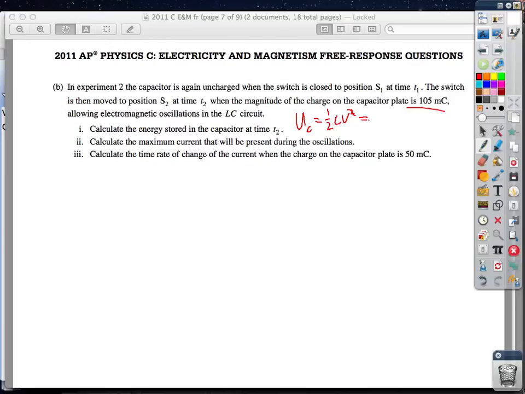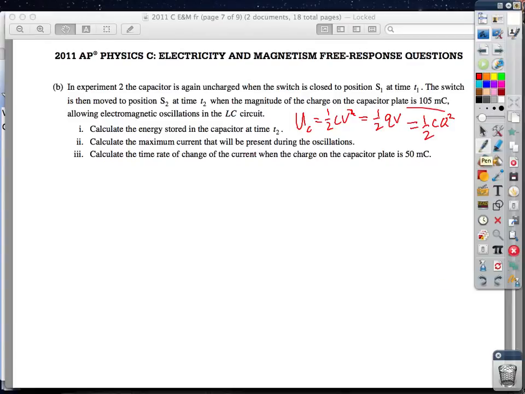You can also solve 1/2 CV squared different ways as well, because C is Q over V, right? So you can get 1/2 QV. You could also say V is Q over C, so you can get 1/2 Q squared over C. So you can use any one of those to get the right answer for that.